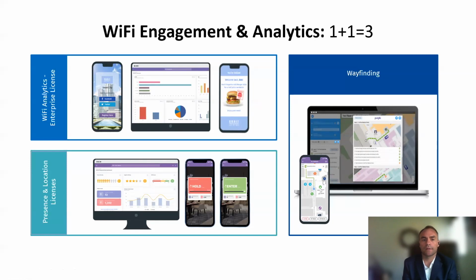This is the way that you're going to elicit feedback from your customers, gather intel about those consumers so you can change or tailor your marketing messages more effectively. There's also a license that provides the location, basically where you are geographically within a space based on where you're moving throughout the space.